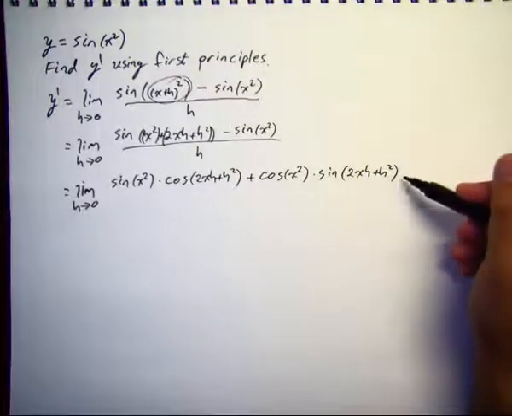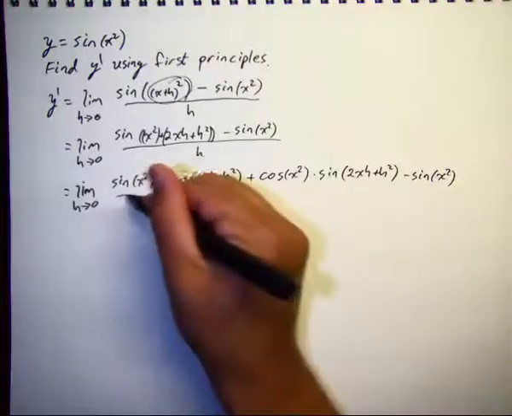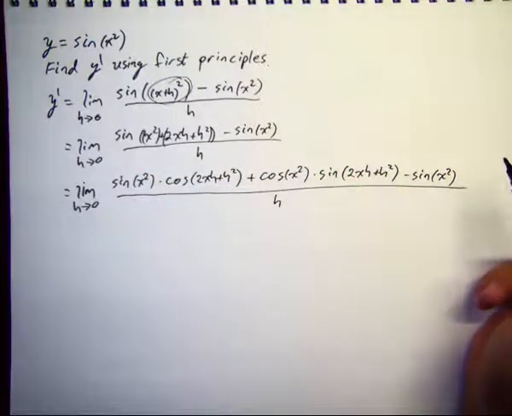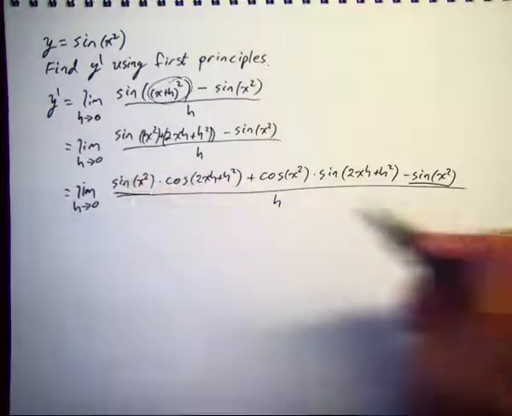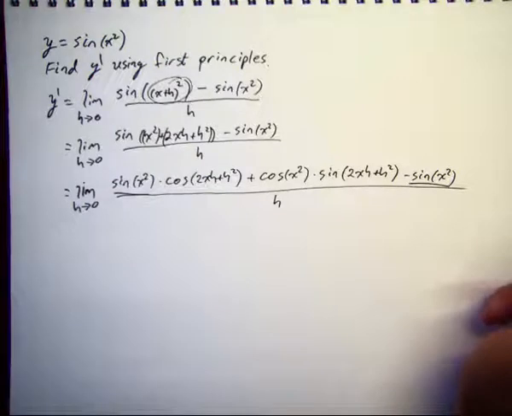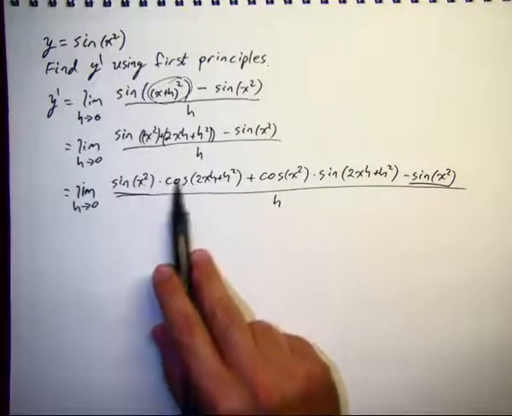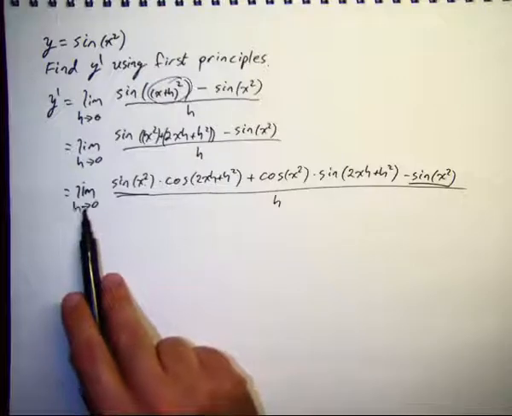At this point, it would be easy to forget the minus sine of x squared. Let's make sure we don't do that. All divided by h. Right, so I have sine of x squared here, sine of x squared here. I probably want to factor those out. Keep in mind the x, whether it's here or whether it's here, it's a constant relative to our limit.